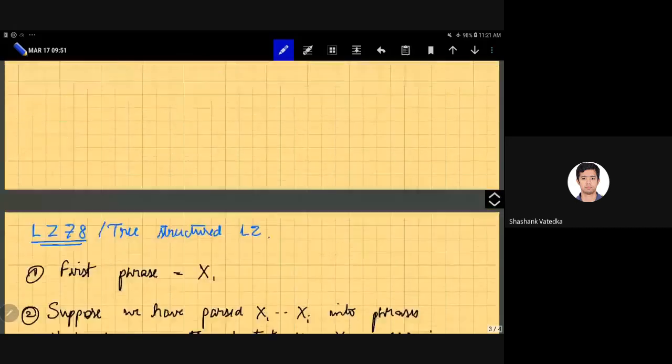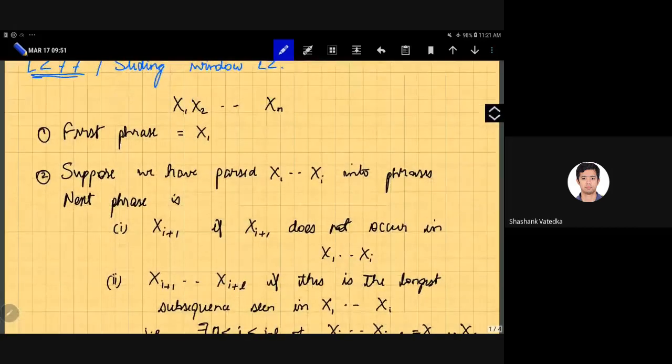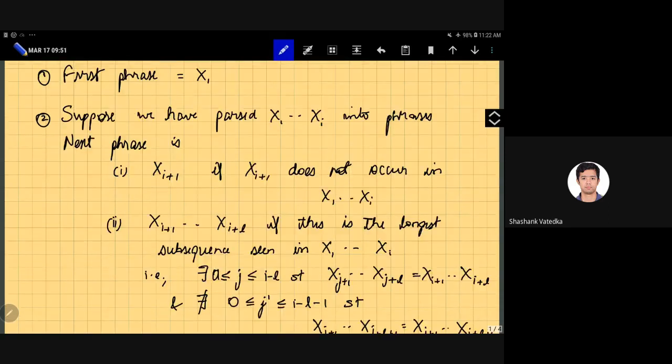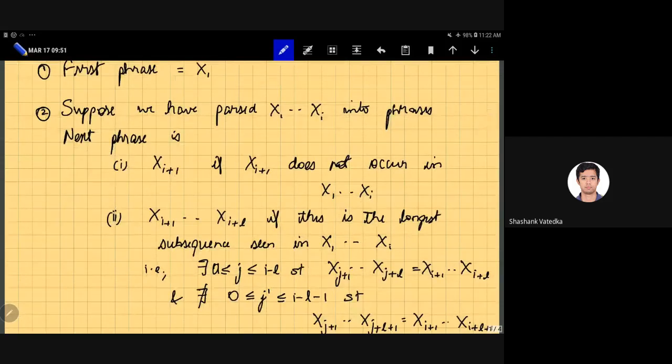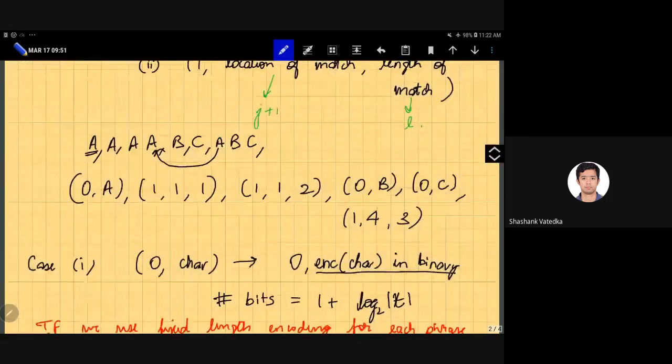But one more thing I'd like to point out is that although I've given one particular description of the LZ77 algorithm, there are small variants of the algorithm, and they're all basically still called LZ77. So minor changes depending on the implementation could be the following. This again depends on where you take the match.